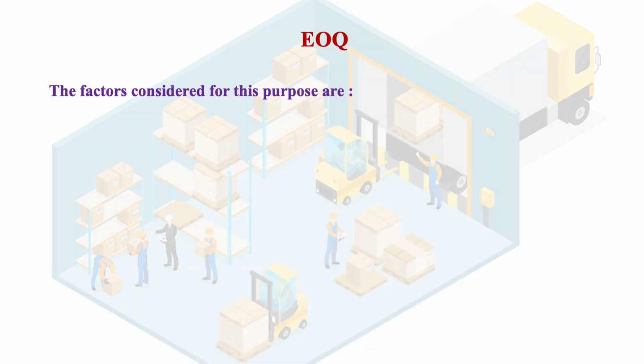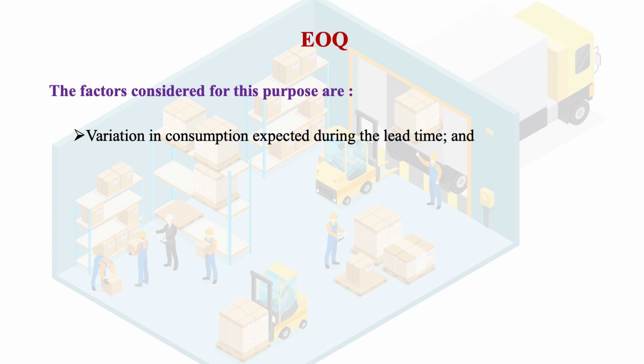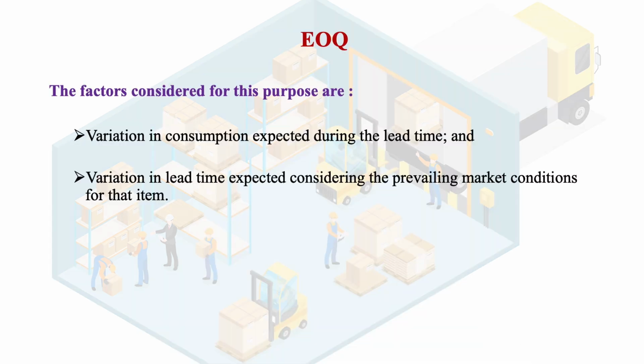A higher level means we have procured too much inventory, so a high portion of the capital is used, or finance is blocked in the procurement of inventory. The factors considered for this purpose are the variation in consumption expected during the lead time, meaning how consumption varies during the lead time, which runs from the requisition until the receipt of material after inspection, and the variation in lead time expected considering the prevailing market condition of that item.